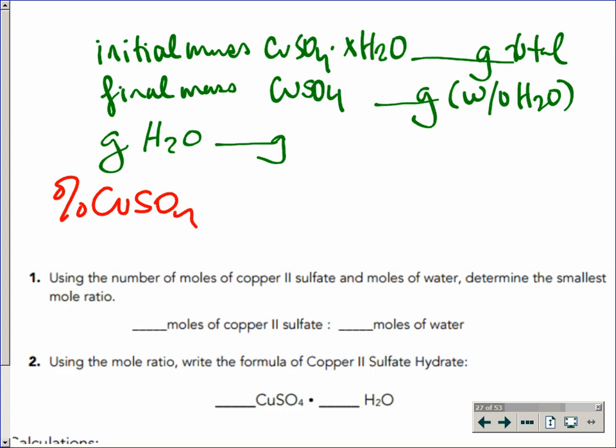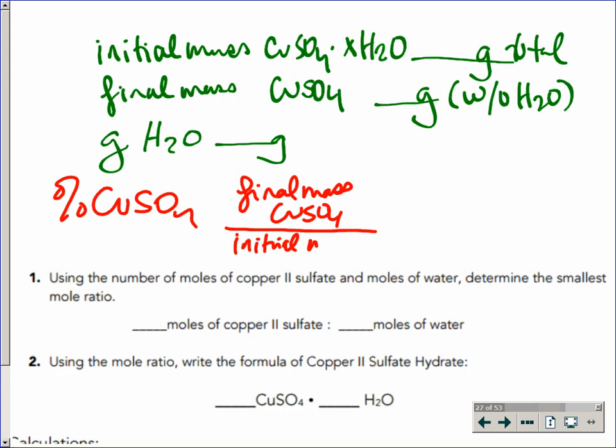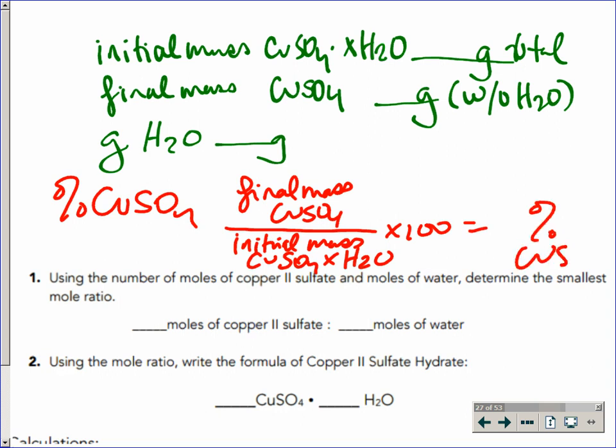You put the final mass on top because it's just the compound, just copper 2 sulfate. And you'll put it over the initial mass, which is all of it. Shh, I'm trying to help you guys out a little bit, okay? Thank you. The initial mass, because the initial mass was collectively what? The whole hydrate. And then what would I do to get percent here? You divide and multiply by a hundred. There you go. That's how you get percent copper 2 sulfate, and you can also do the same thing for water.